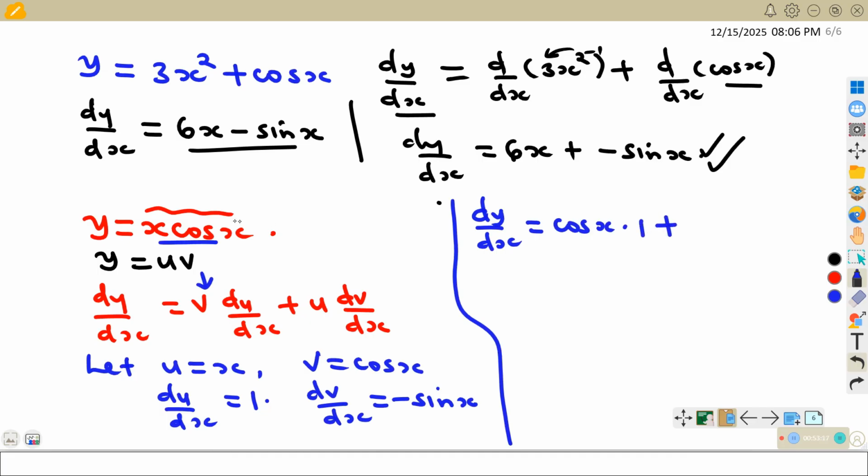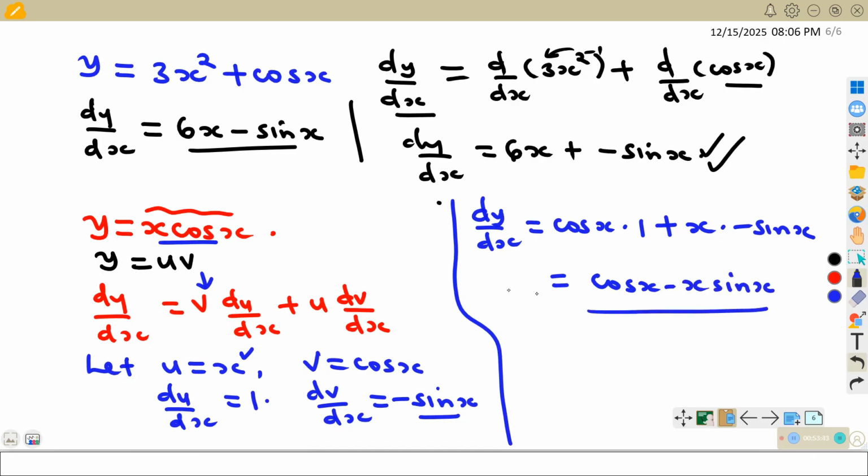Then plus u, which is x, times dv dx, and dv dx is negative sine of x. So if we simplify this, we get cos of x minus x sine of x. Is that okay? So this is dy dx.